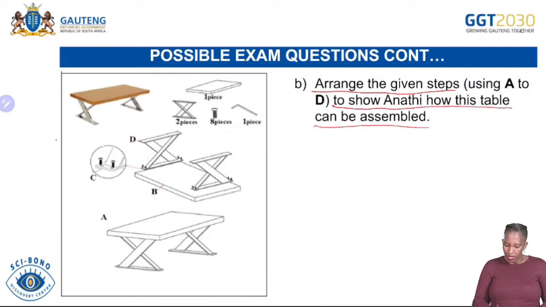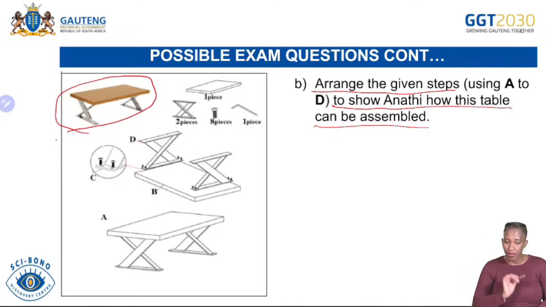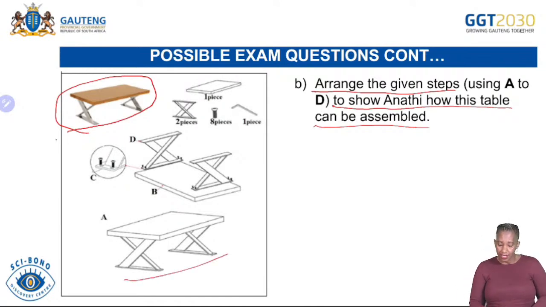So now, looking at this, here is the final outcome, the final output that we must get, our desired output. We must get a table standing like this, which is similar to this one. Now, can I start with A? No. A is a final output. It is the final assembling, what we are expecting after putting together all the pieces. We are expecting to get this table.